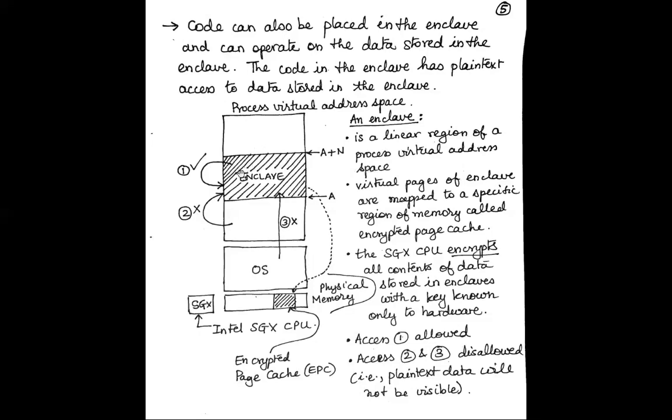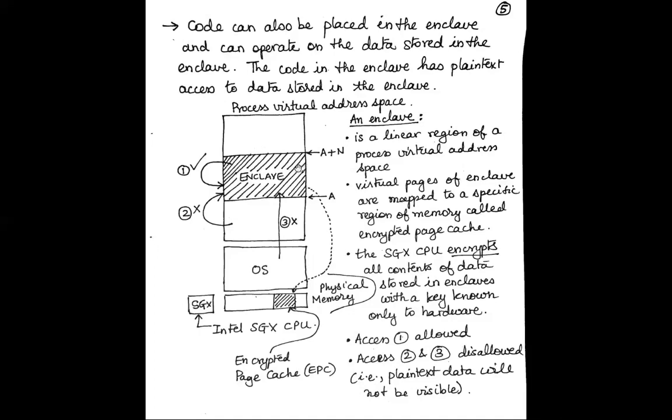Now, the special thing about the enclave that the hardware provides is that, as you know, all memory is managed at the granularity of pages. Okay, so a page is 4K bytes long.